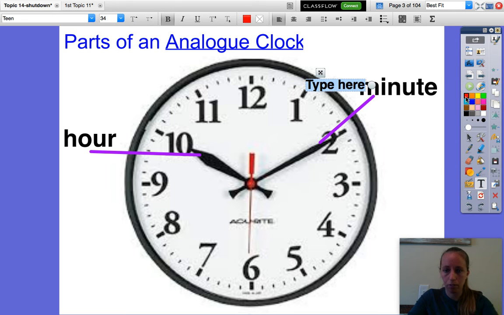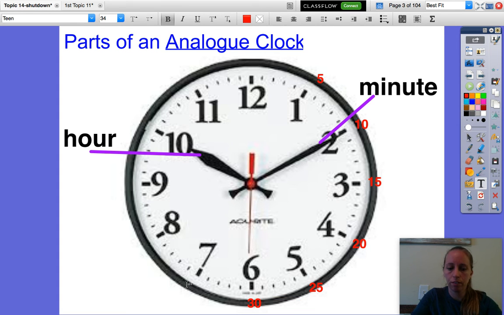We'll write in, so 5. The 2 is 10, right? 10 minutes. 15. And you continue by counting by fives. 20. 25.